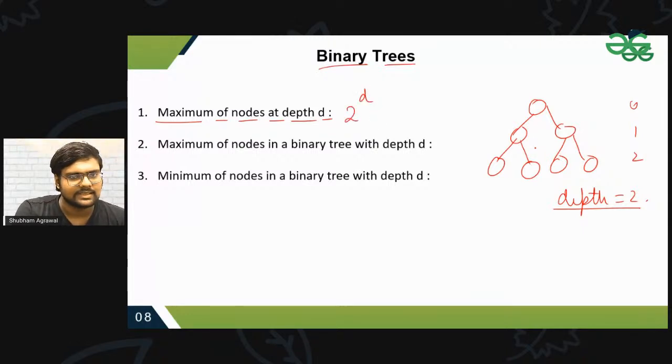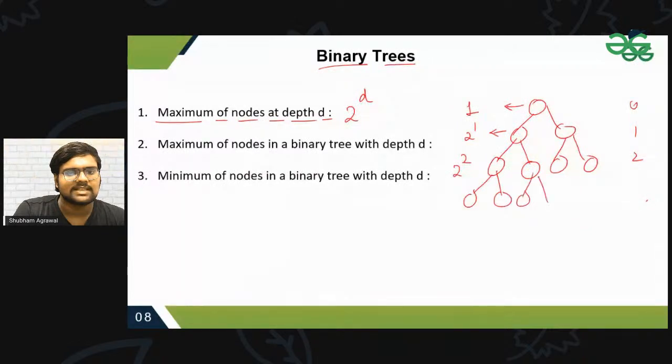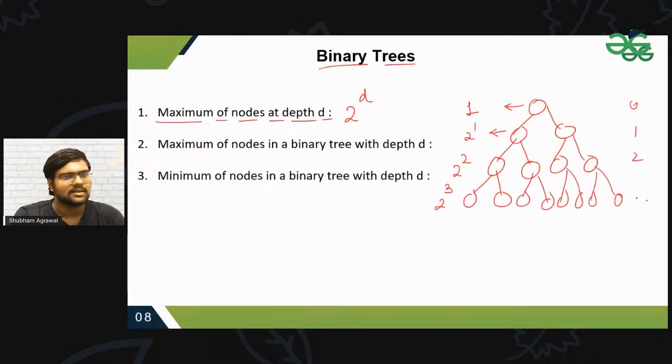At the 0th level we can have at most one node. At the first level we can have 2 to the power 1 nodes. At the second level we can have at most 2 to the power 2 nodes. If we have a tree with depth 3, at the last level, level 3, we can have 2 to the power 3 nodes. So the maximum number of nodes at depth d in a binary tree is 2 to the power d.